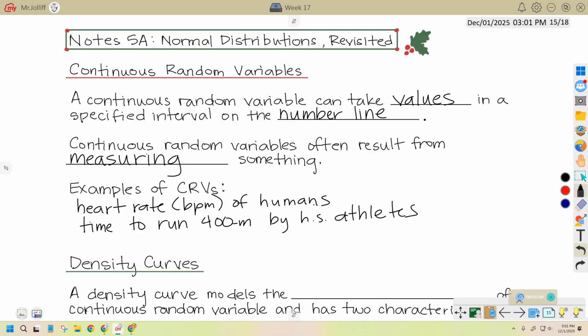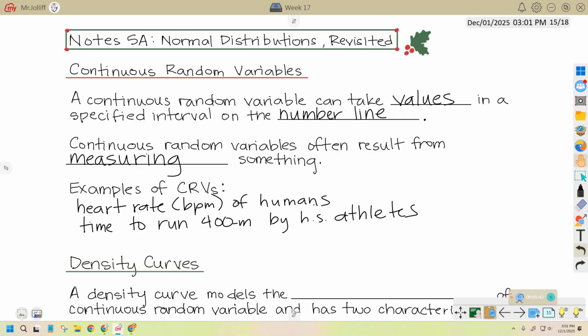But you are correct, any measurement of time is something we measure that would be continuous. My second period got a little morbid and talked about the amount of blood in a human body in terms of liters. Good. Things we measure: time, weight, distance, heart rate, age, systolic blood pressure, right? Anything you need a device to measure that can come in parts or fractions. Good. Very good.